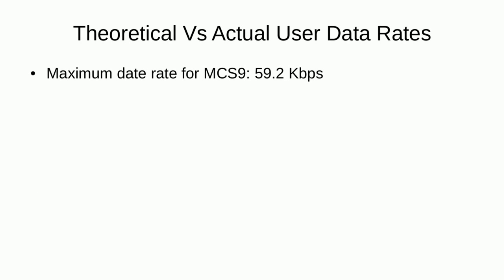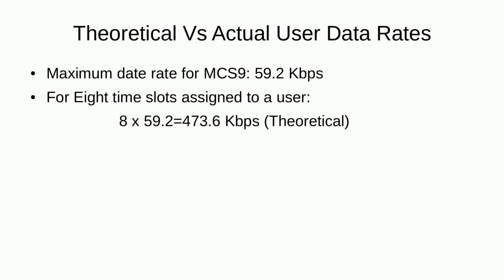So now the comparison between the theoretical and the actual user data rates. Now we told you that in the best channel conditions we are using MCS 9. This means that when we have ideal channel conditions and we are very near to the base station, in that case in one time slot we are getting the data rate of 59.2 kbps, and a mobile can be assigned up to 8 such time slots maximum.